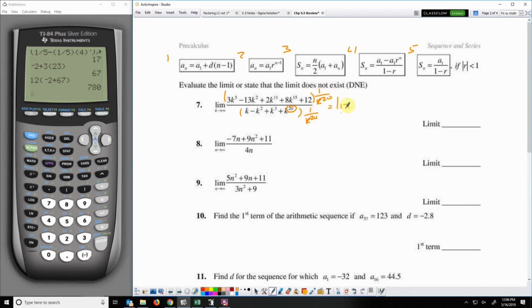So it's the limit as n approaches infinity of 3k to the 5th times 1 over k to the 20th, and that is going to be 3 over k to the 15th, minus 13k squared over k to the 20th, minus 13 over k to the 18th, plus 2k to the 11th over k to the 20th, plus 2 over k to the 9th, plus 8k to the 15th over k to the 20th, plus 8 over k to the 5th, plus 12 over k to the 20th.